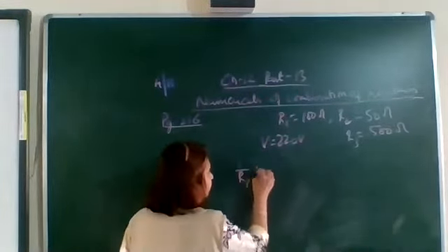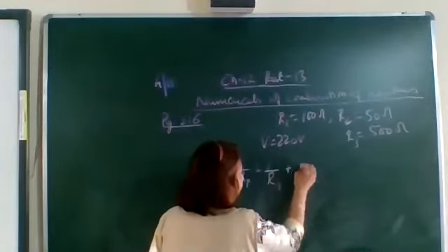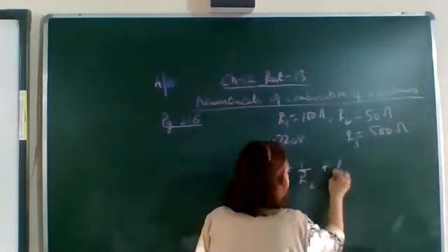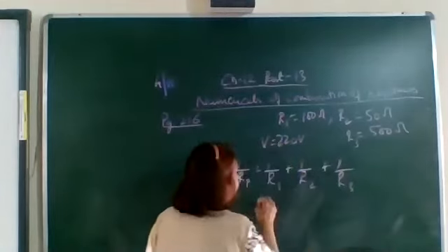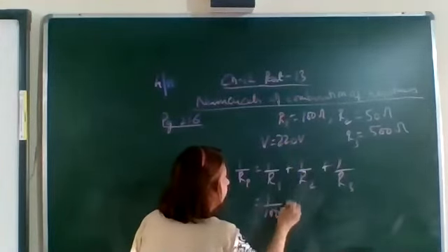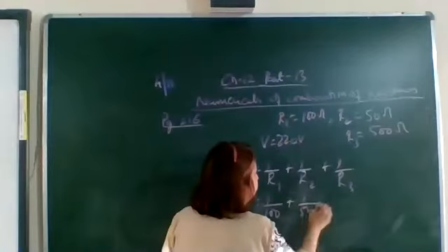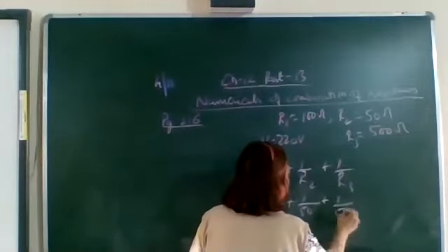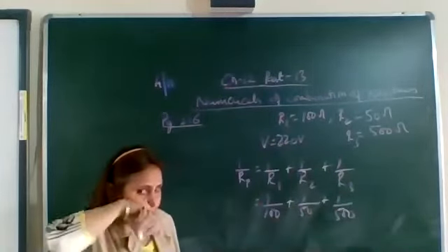So 1 upon RP is equal to 1 upon R1 plus 1 upon R2 plus 1 upon R3. That is 1 upon 100 plus 1 by 50 plus 1 upon 500. Take its LCM.